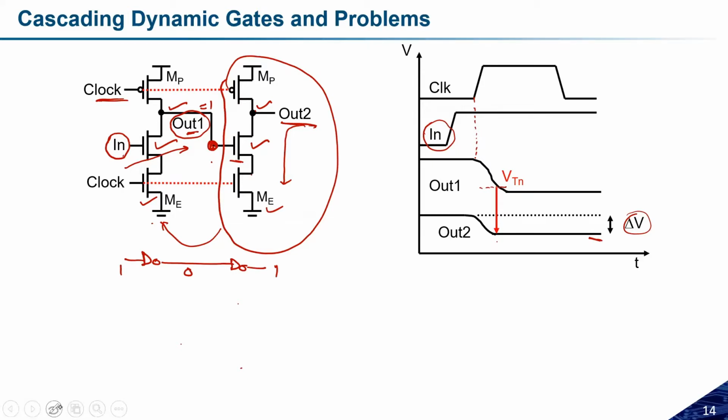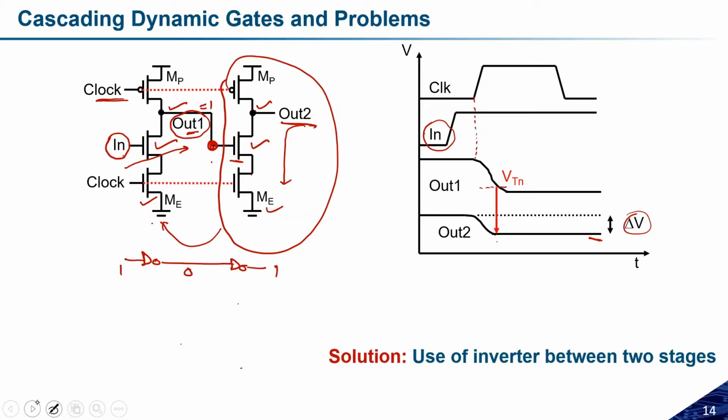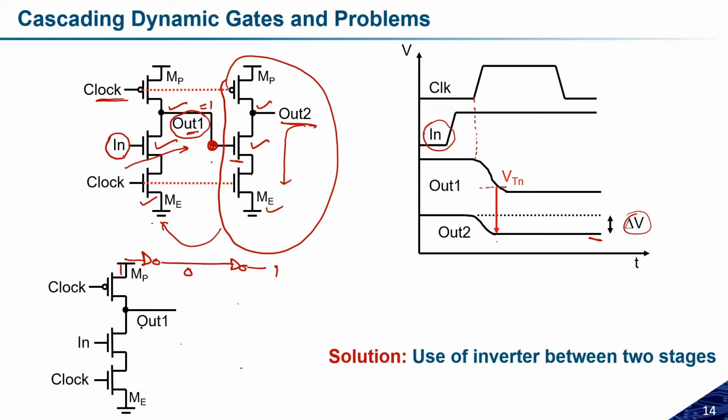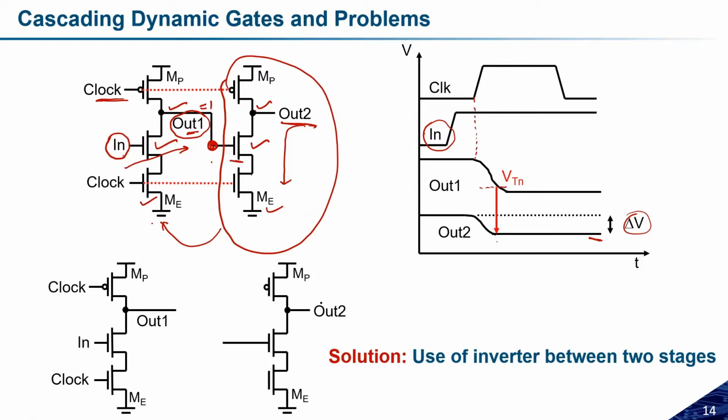To overcome this problem, we need to use an inverter between two stages. Suppose I have this kind of structure, this is the dynamic inverter, and the second dynamic structure is this one, and if I use an inverter in between, then this problem can be overcome.